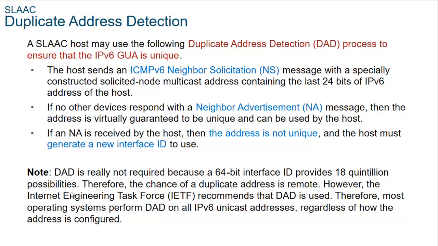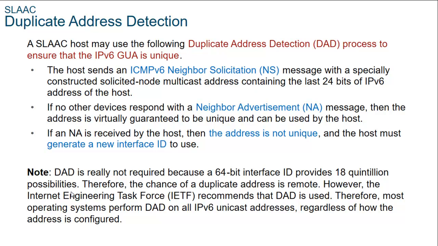Now, if the hosts are all generating their own ID, is there a possibility of two hosts creating the same ID? A SLAAC host may use the duplicate address detection, or DAD, process to ensure that the IPv6 GUA is unique. The host sends an ICMPv6 neighbor solicitation message with a specially constructed solicited-node multicast address containing the last 24 bits of the IPv6 address of the host.